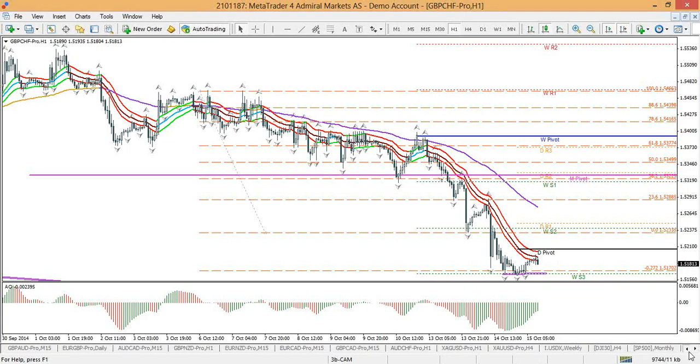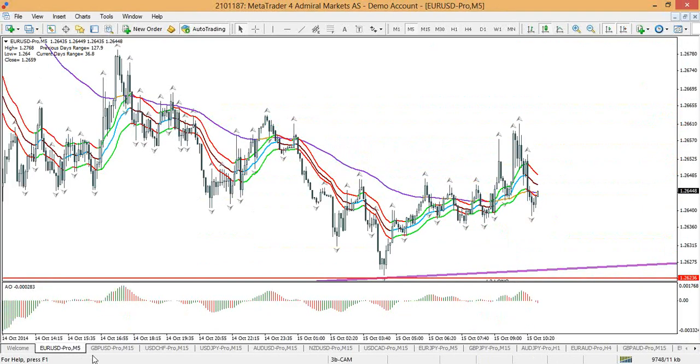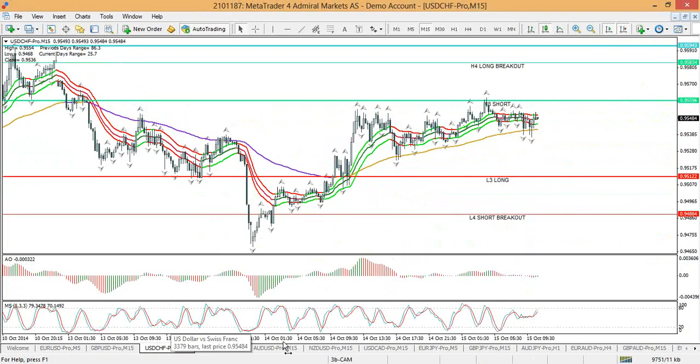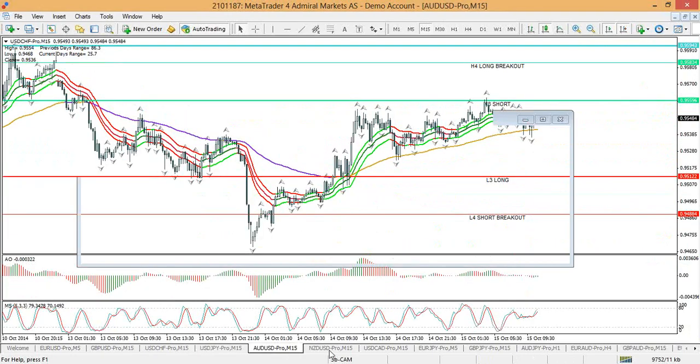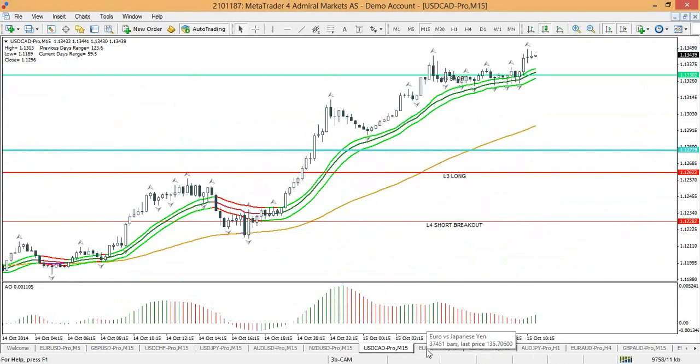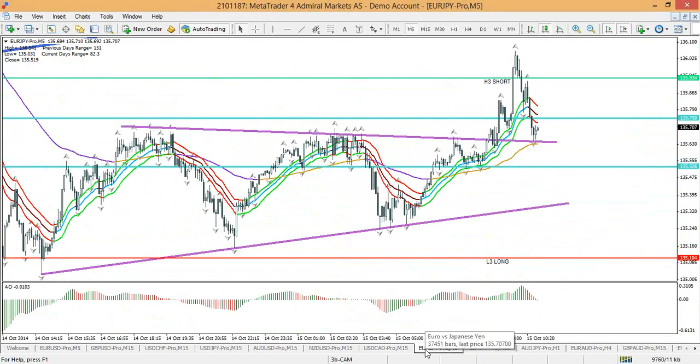Alrighty, folks, let me quickly take a look at what's going on and see if anything has changed on the euro, getting a bit of a bounce, pound. I guess, if anything, euro yen, let's take a look, 50-minute chart.